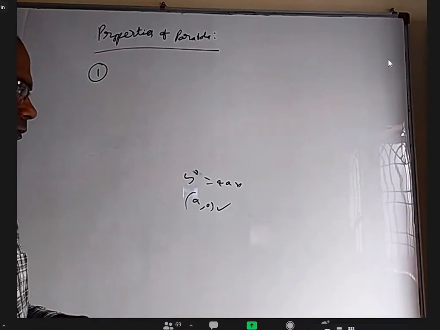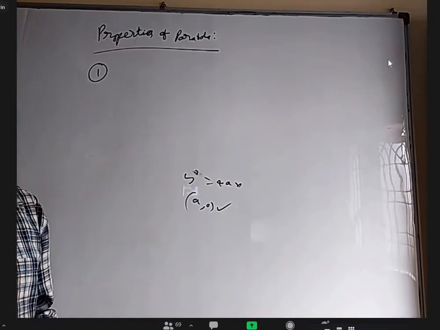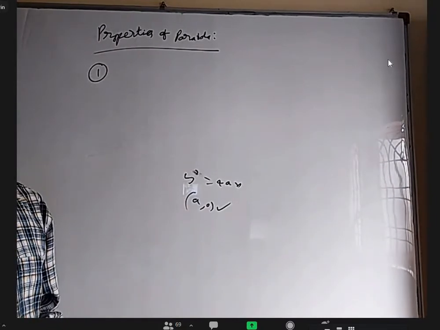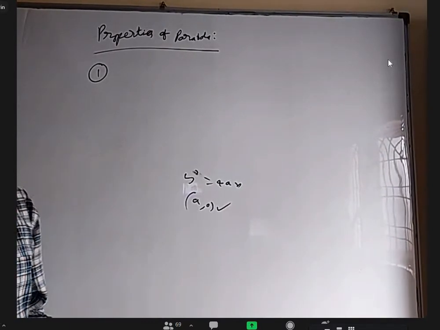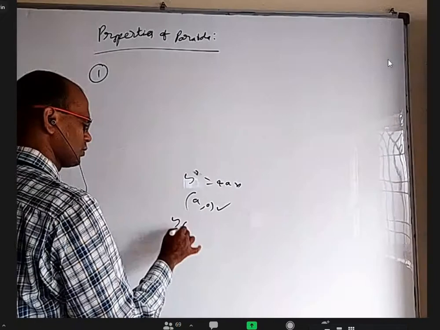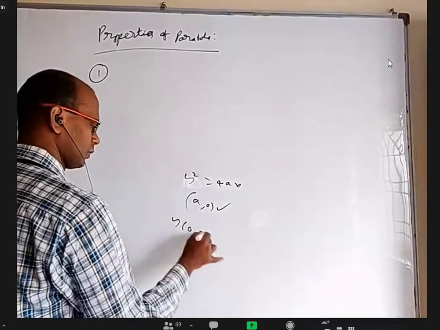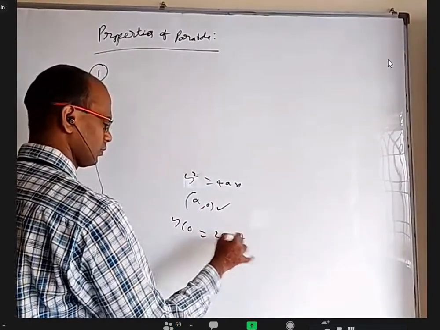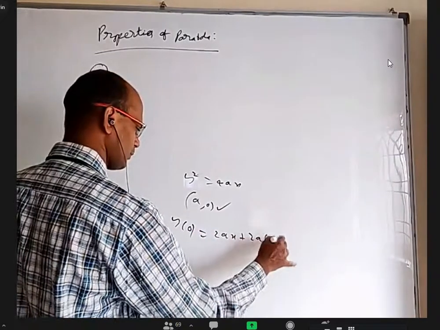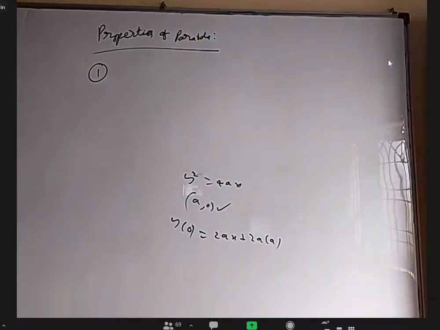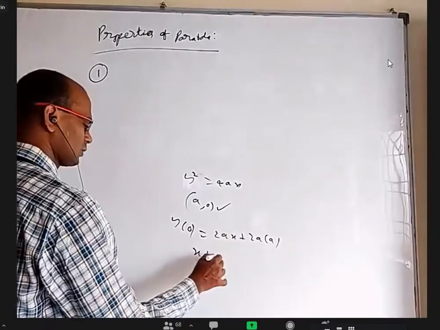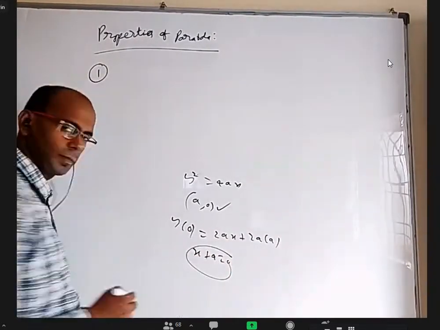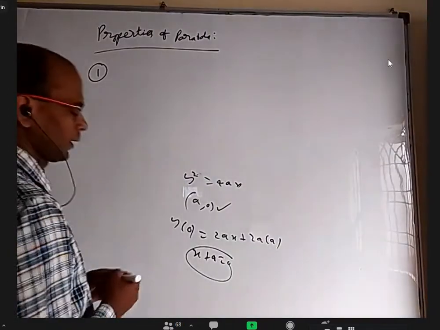What will come? y into 0 = 2ax + 2a into a, so x = −a, or x + a = 0. What is this? The directrix.